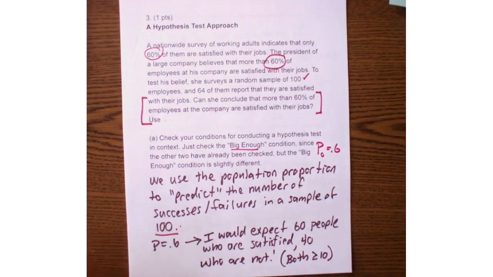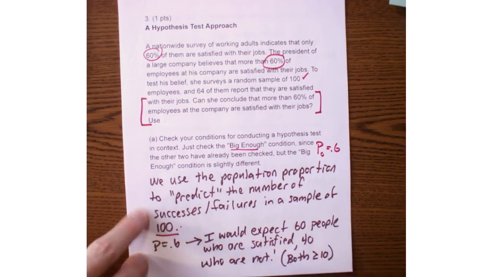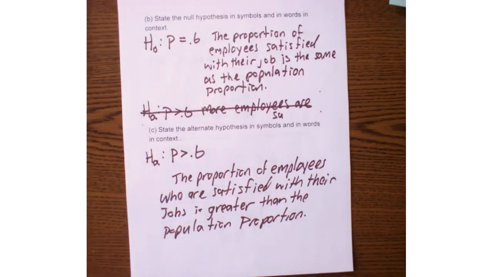And both of those are greater than 10. So again, what I'm looking at is I'm predicting what I would expect to see out of a sample of size 100. Whereas in a confidence interval before, I actually had my sample and I used what was in my sample. So the sample size of 100 is large enough.